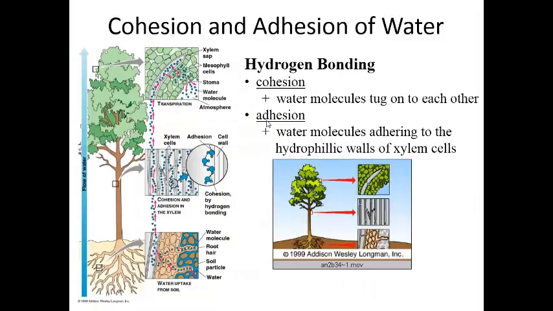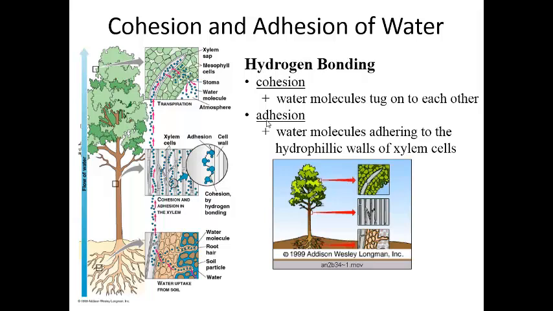Transpirational pull is made possible through hydrogen bonding. We know that water molecules are stuck to each other due to hydrogen bonds, and this leads to cohesion and adhesion. Cohesion is water sticking to water. Adhesion is water sticking to other hydrophilic substances. The walls of the xylem are hydrophilic, and therefore the water sticks to it.